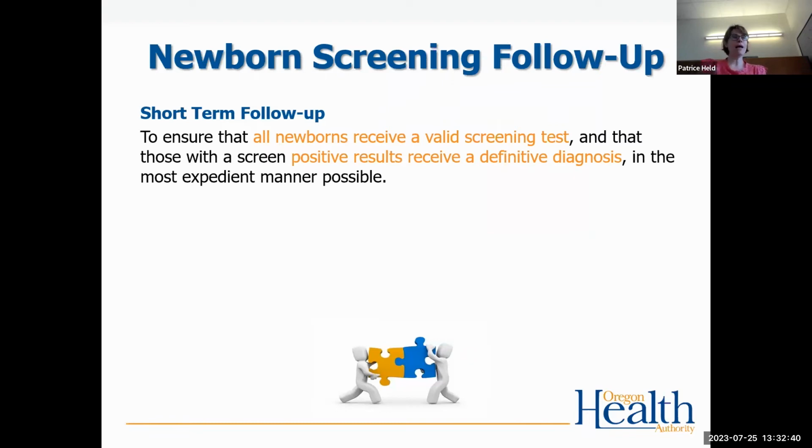Once we report out that screen result, the next step is to perform short-term follow-up. Our short-term follow-up unit, housed within our newborn screening program, is responsible for ensuring that all newborns receive a valid screening test, and that those with screen positive results receive a definitive diagnosis, either confirmed disease or false positive, in the most expedited manner possible.